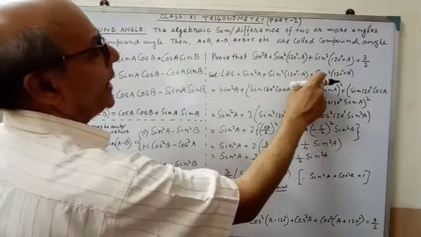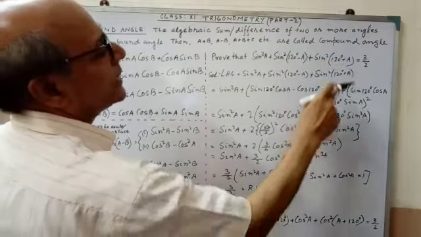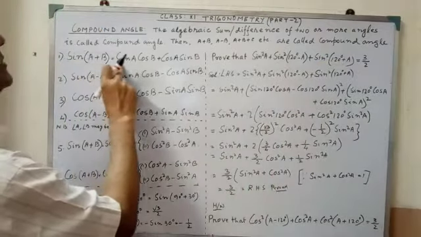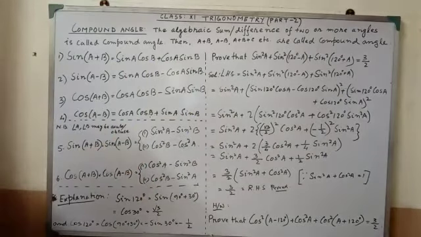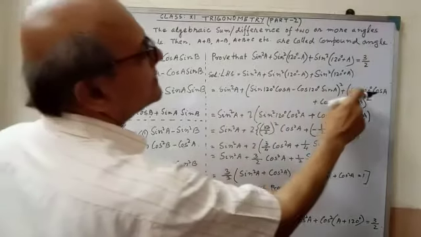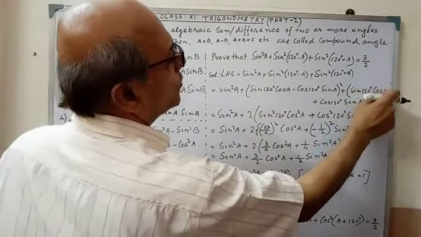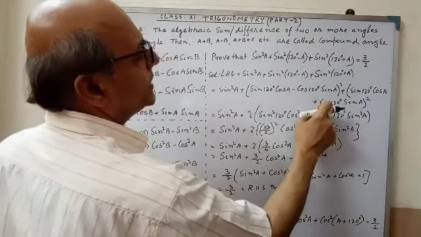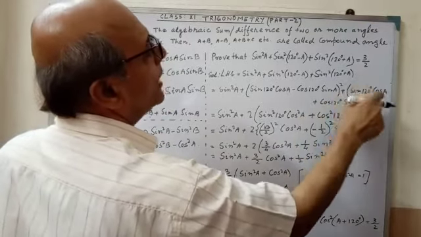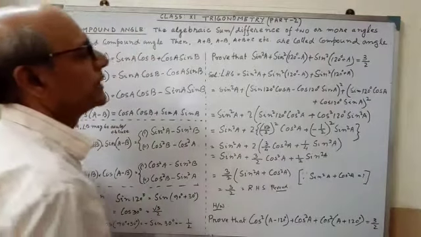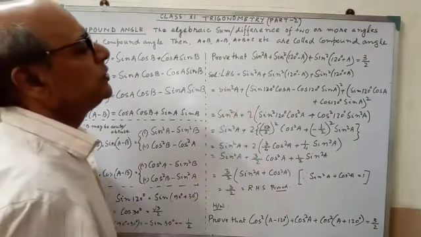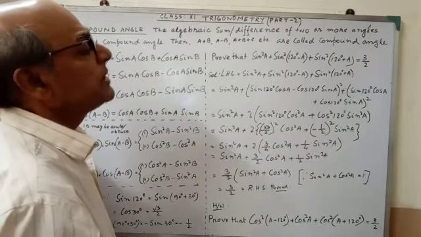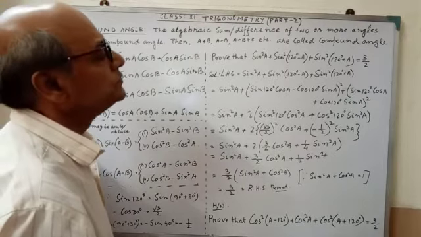Similarly, sin square (120 degree plus A): we may compare with sin(A plus B) equals sin A cos B plus cos A sin B, that is sin 120 degree into cos A plus cos 120 degree into sin A whole square, since here is square. After that we have to simplify. Simplification we may do in many ways, but the simplest form I think you should follow.